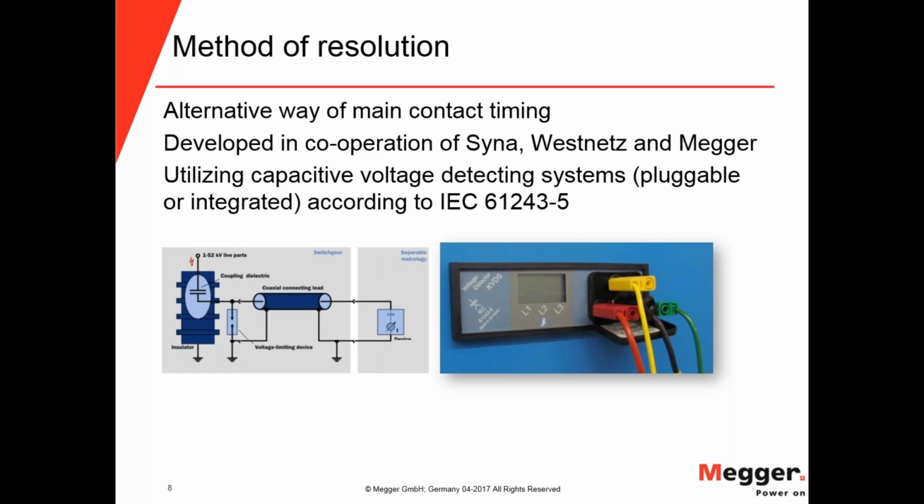So you have a voltage division between the primary parts here, and this interface converts the primary voltage into a harmless voltage on the outputs here on your cubicle panel. These points are accessible from inside the substation.